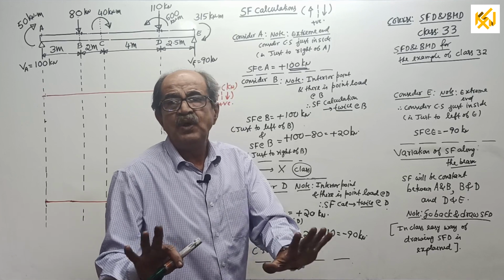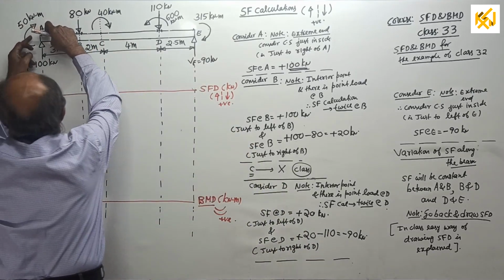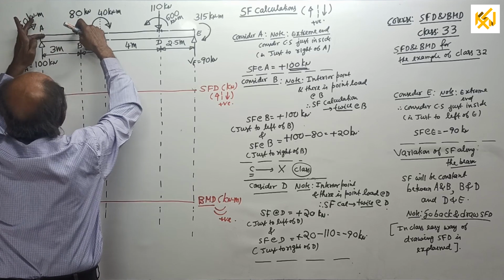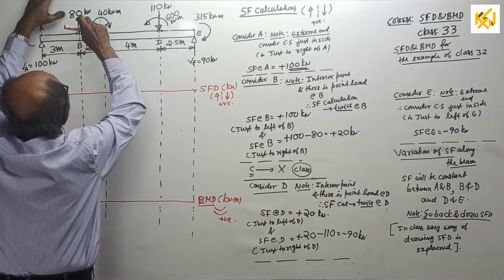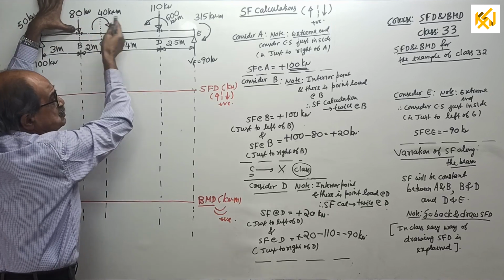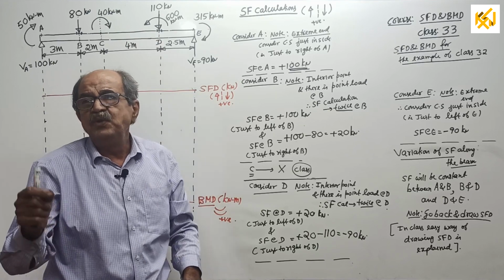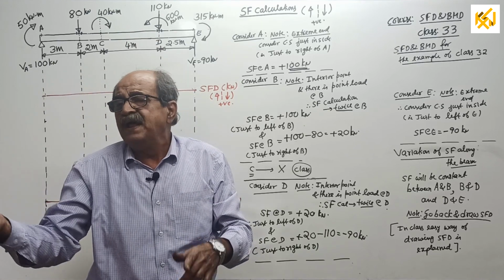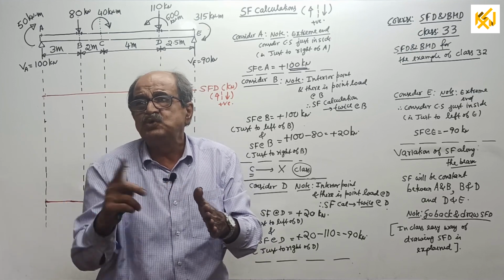I will tell one more easy method now. Shear force just to right of A is plus 100. When you come to just to left, between these 2 points, you should see what is there. When you go from just to left to just to right, you have to see what is there at that point. When you leave one point and go to the next point, see what is there between those 2 points.